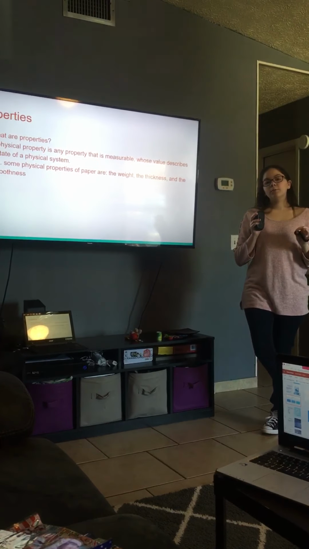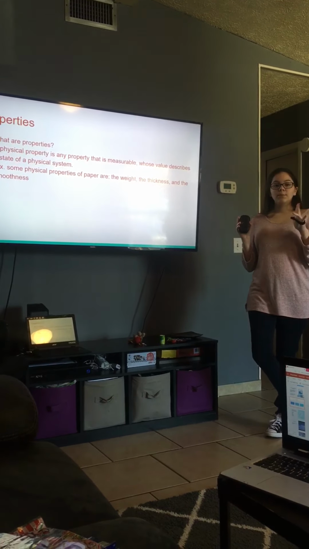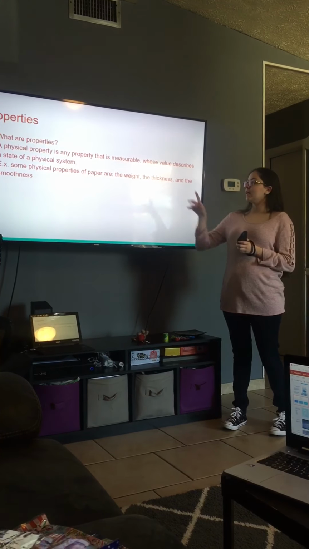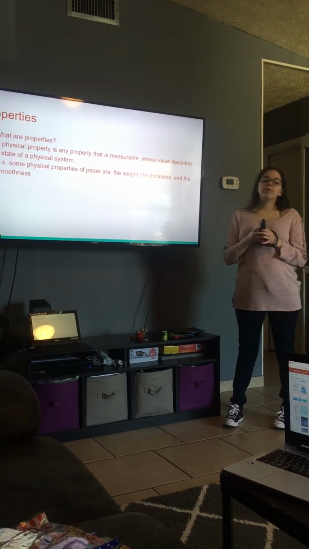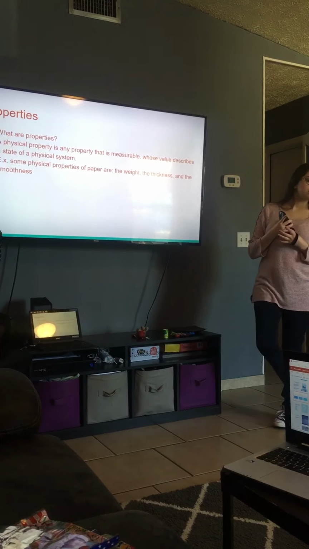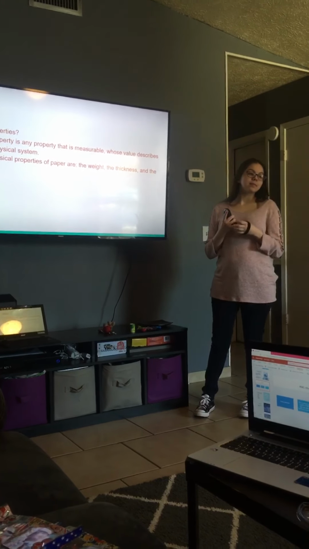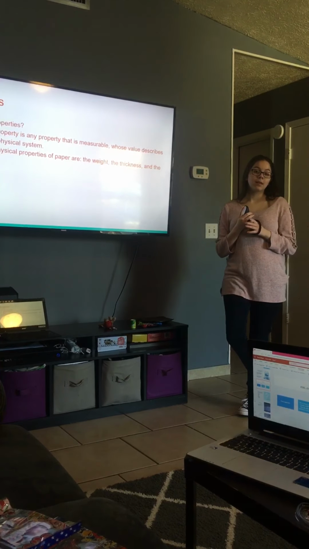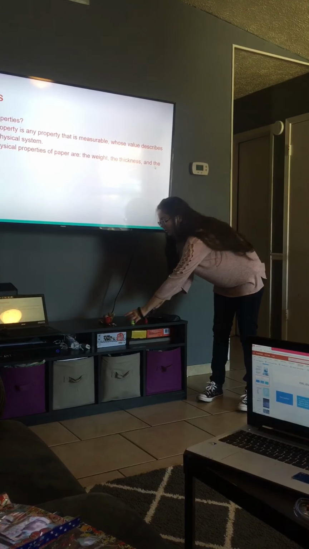And the main properties we're focusing on today is color, shape, size, texture, and hardness. Now, what are some examples of the paper physical properties? Paper is smooth. Yep. It's thin. Mm-hmm. It's multicolored. Yep.